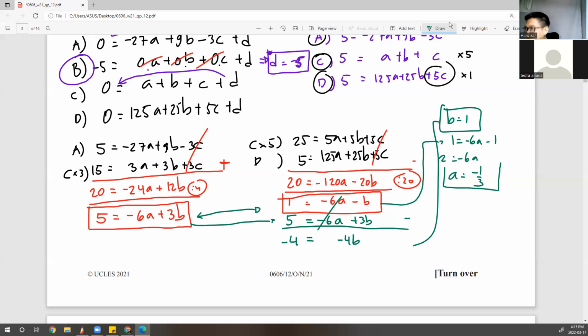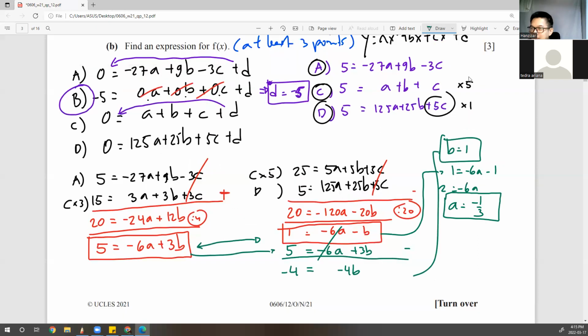Wow, okay. It's more challenging than I expected. We have a, b, d. Now to find c, find the simplest one. The simplest one is equation C, right? So 0 equals a plus b plus c plus d, right?